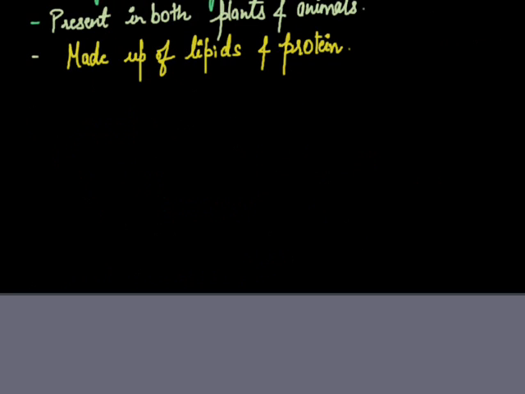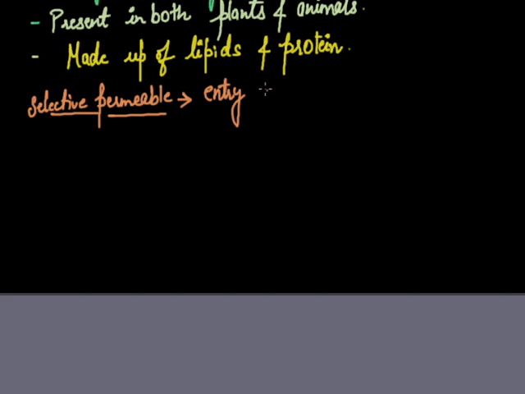Now, before studying the plasma membrane model, we'll first describe what is selective permeable. Selective permeable is the entry and exit of specific molecules only.